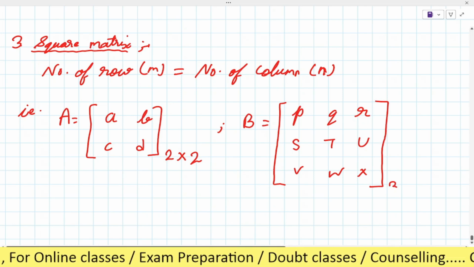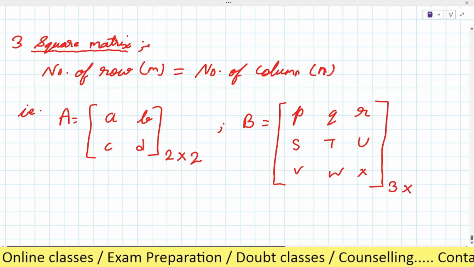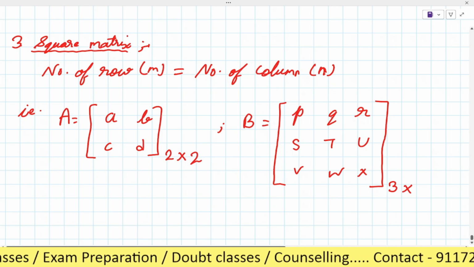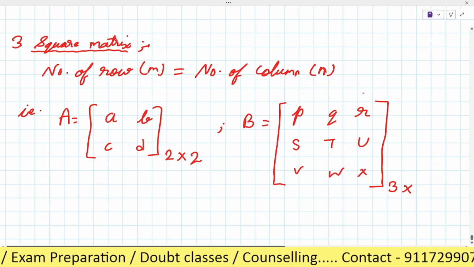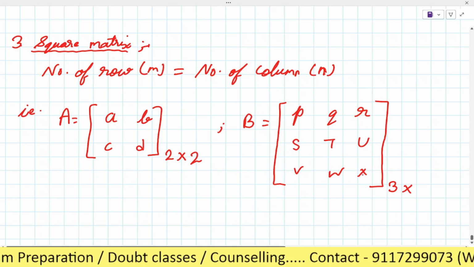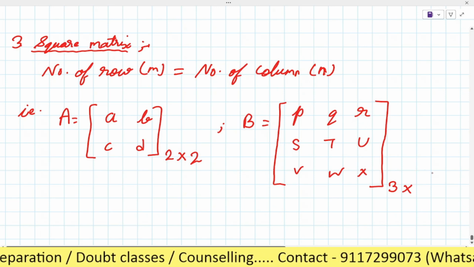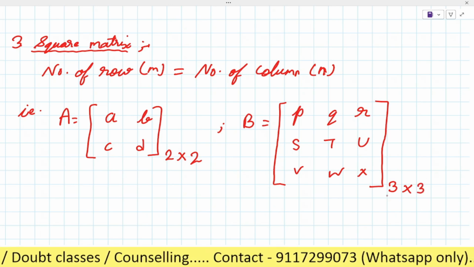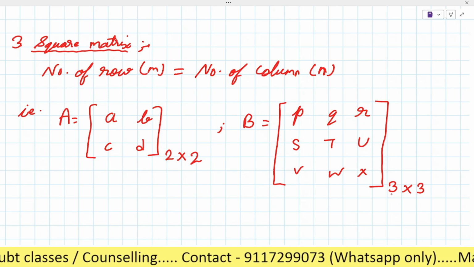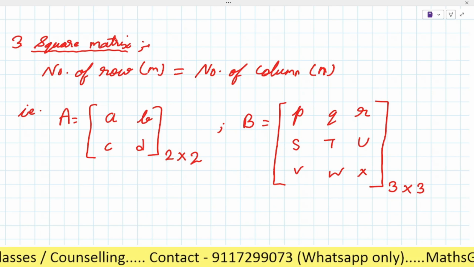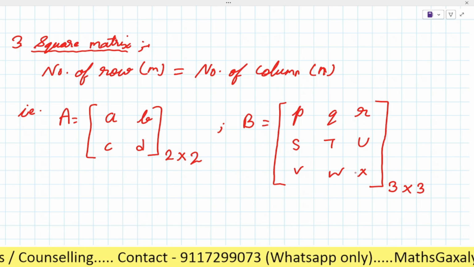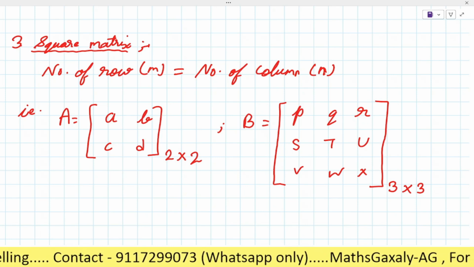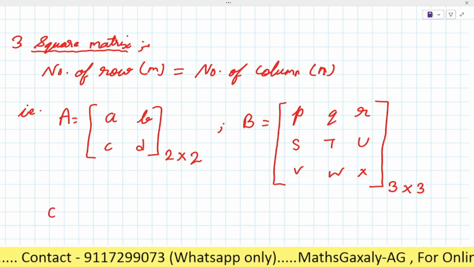And the number of columns will be, let's see, the first column is P, S, V, second is Q, T, W, and the third is R, U, X. So the number of columns will also be 3. The number of columns and the number of rows are the same, so that's why this is known as a square matrix.